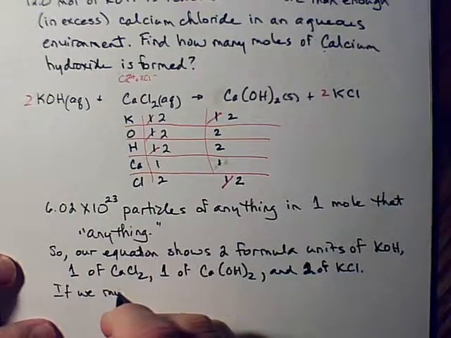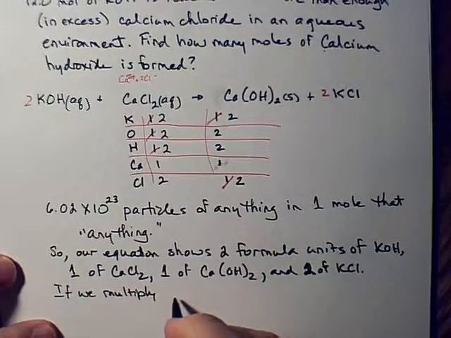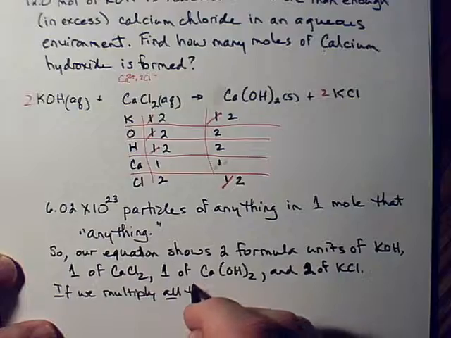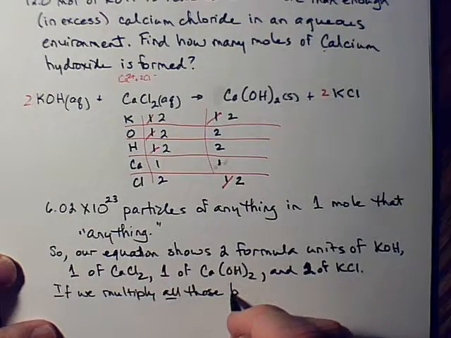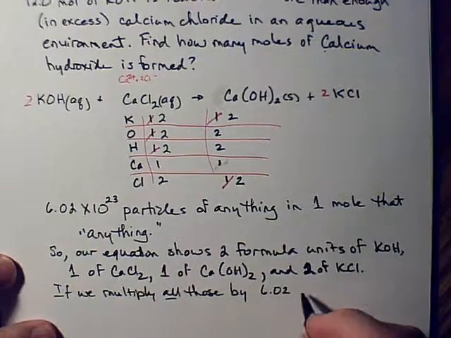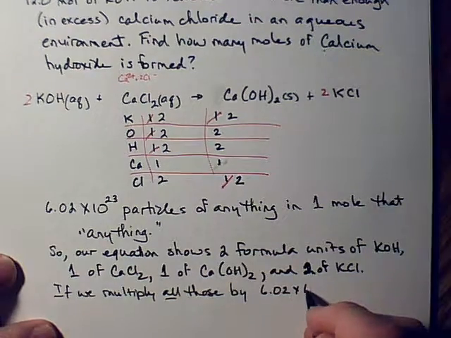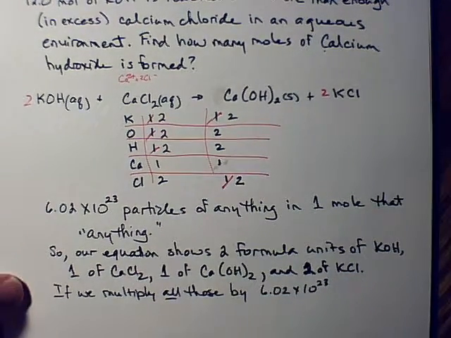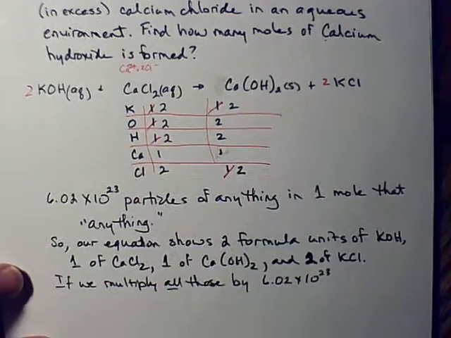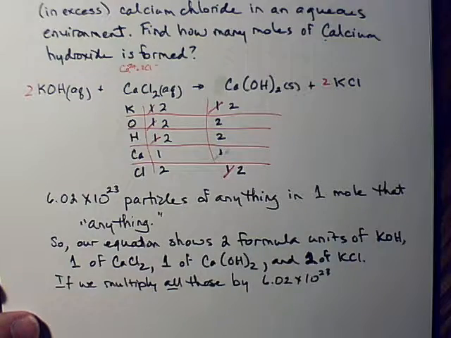If we multiply all those by 6.02 times 10 to the 23rd, we're going to have a bunch of big numbers up there, right? Yes?